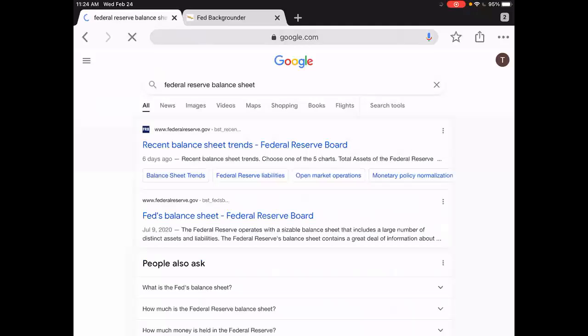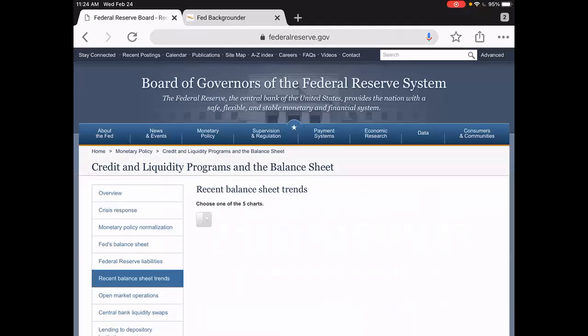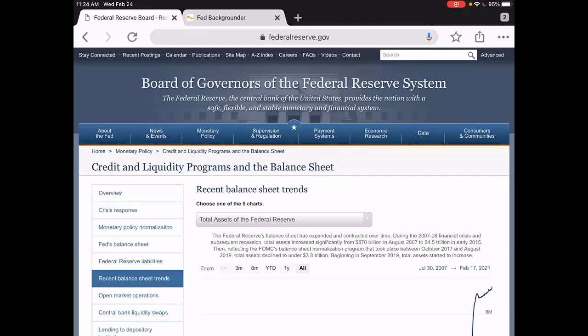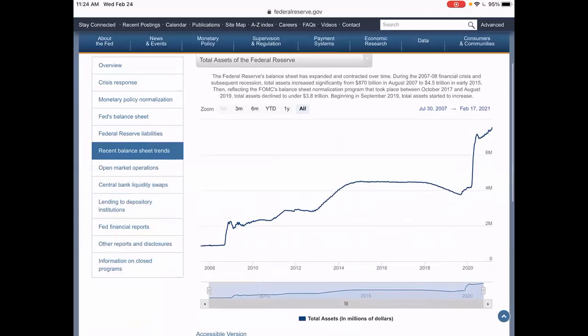I show you this because it should bother you and concern you. If you look at how much the balance sheet of the Federal Reserve has grown since the financial crisis of 2008, 2009, that again, we're still recovering from.